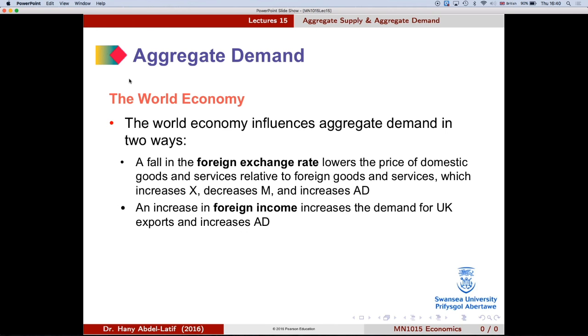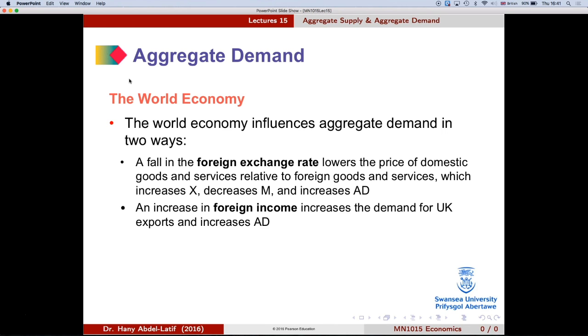Or if foreigners become richer and have an increase in their income, this again will increase their demand for our products, which means the aggregate demand will shift to the right.